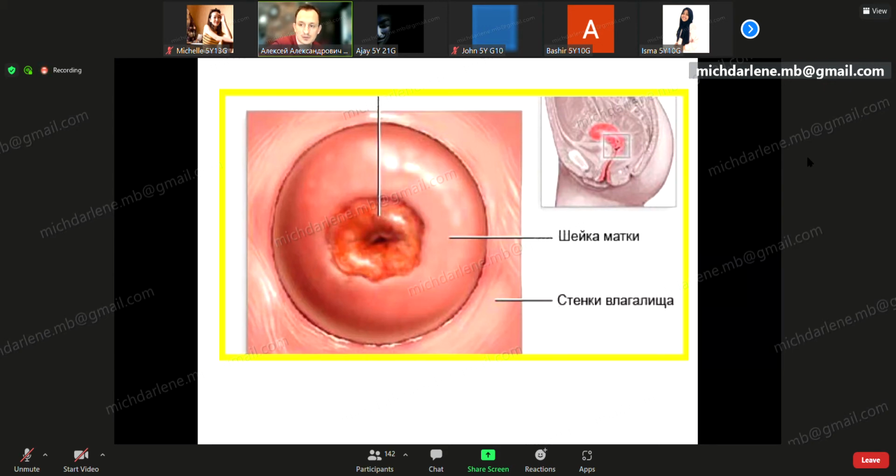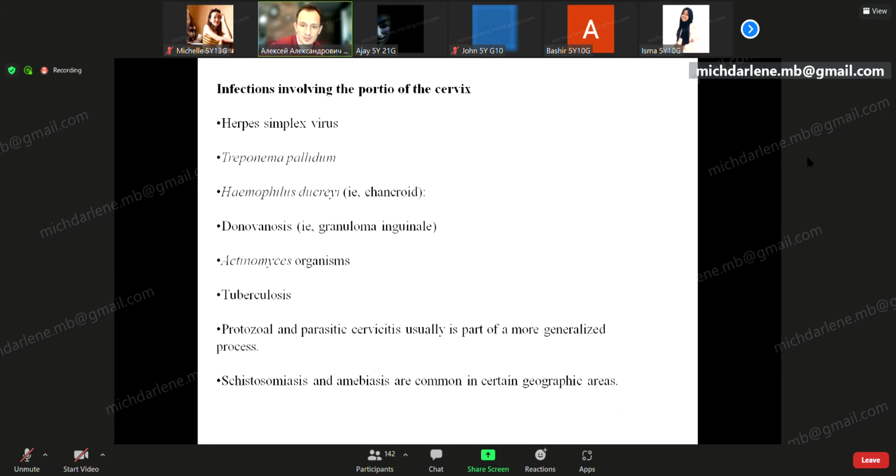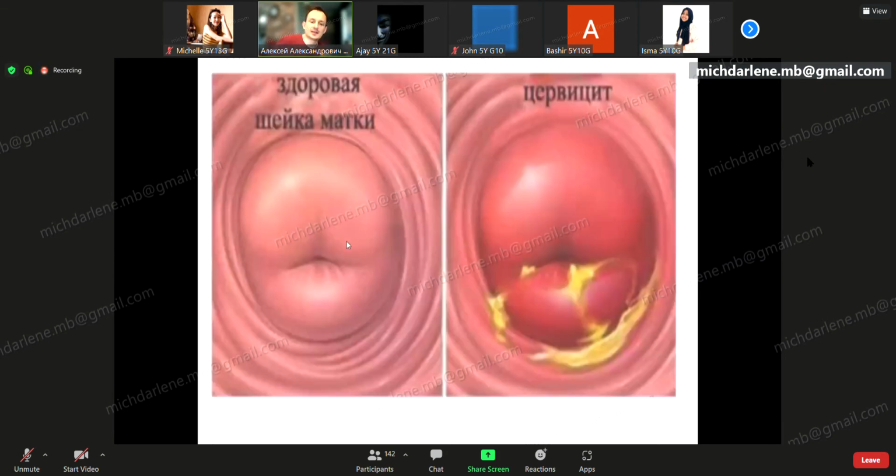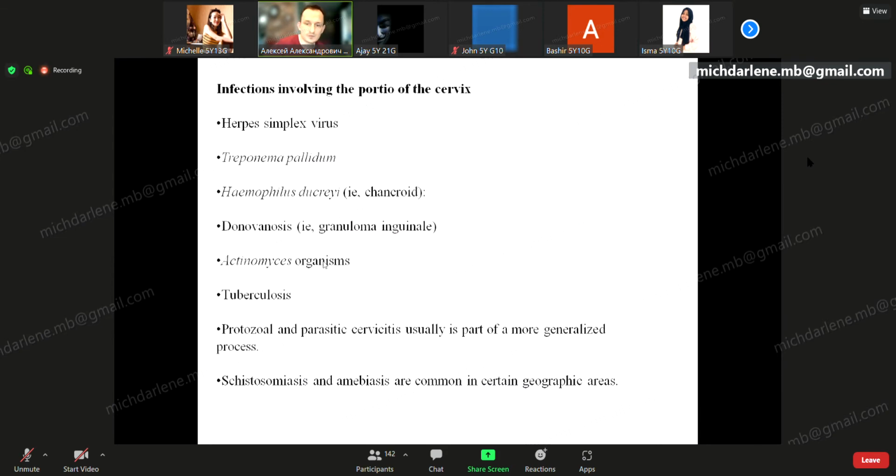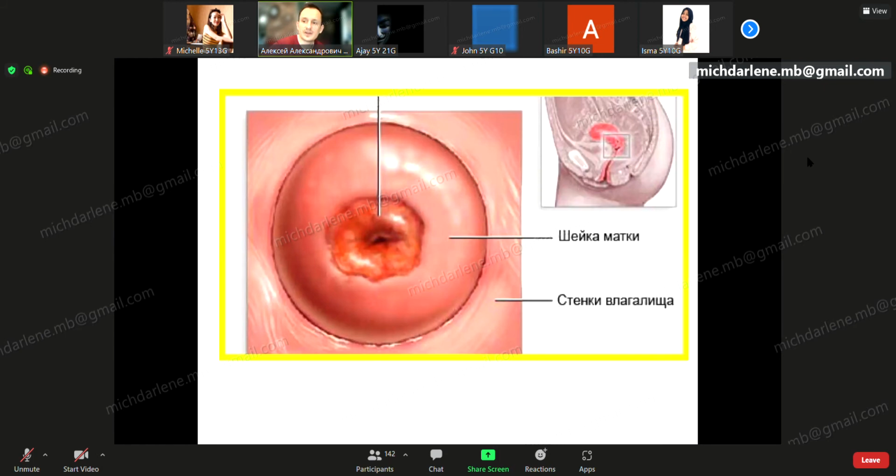One more time, columnar epithelium should be inside the cervical canal, absent at the surface of the external cervix. If you see such a picture during your examination, it means that columnar epithelium goes outside and squamous epithelium hasn't covered that epithelium yet.